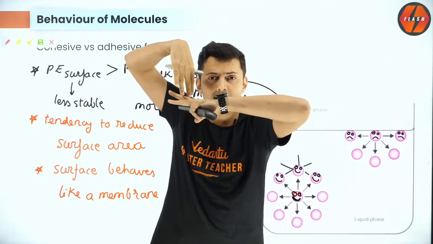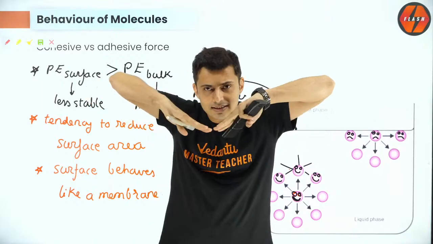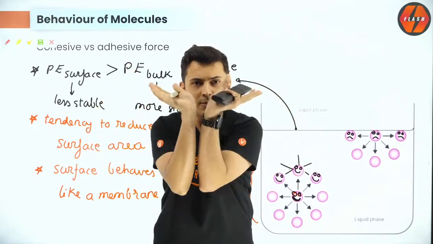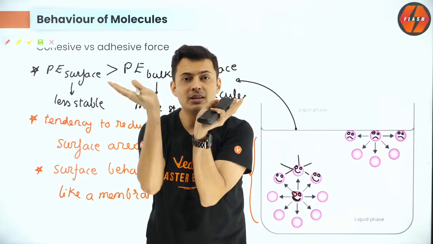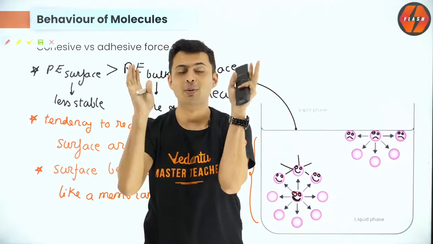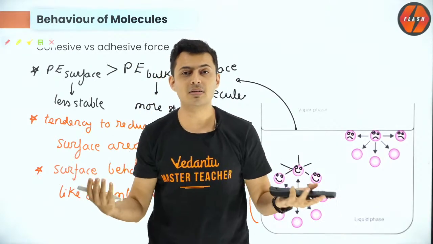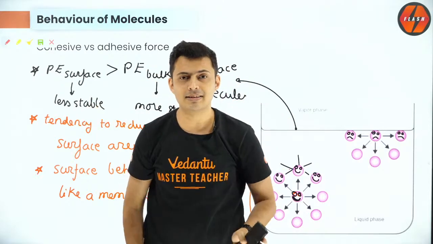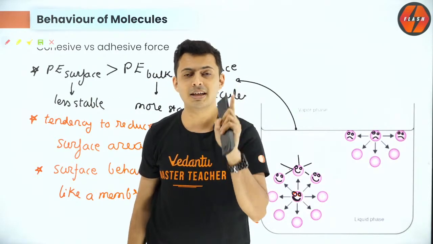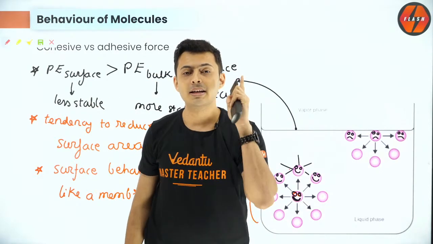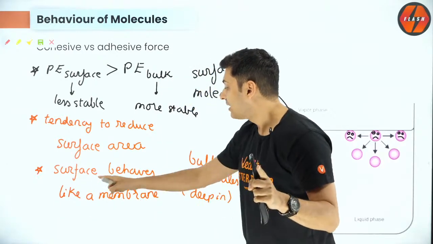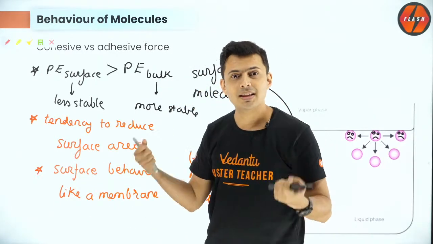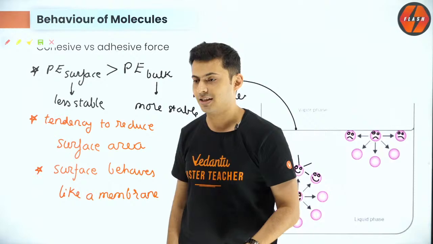Because the moment you try to press a surface and a depression is formed, the surface area increases. The moment surface area increases, the molecules are not going to like it, so they are going to push you back, and that's why they try to minimize the area. That's the reason why the surface of a liquid feels as if it is a stretched membrane, and that's the property of surface tension.